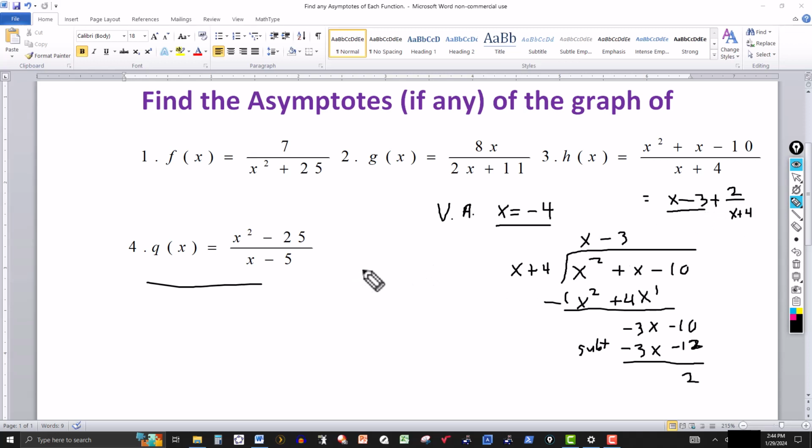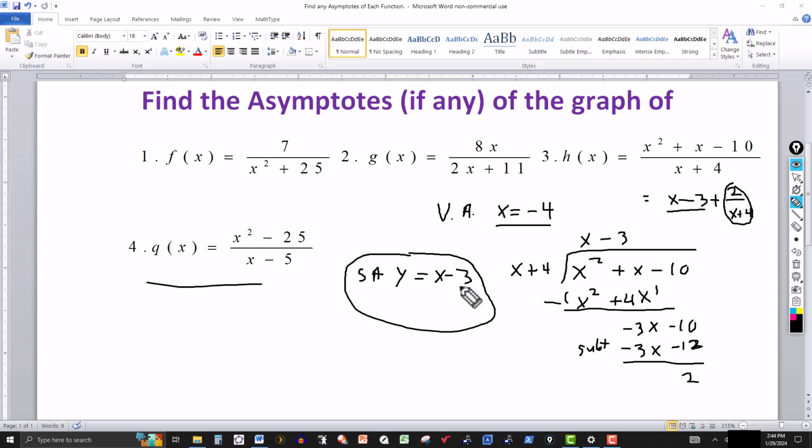So the oblique or slanted asymptote would be y equal to x minus 3; you simply disregard this part, which goes to 0. So this one has a vertical asymptote at x equal to negative 4 and a slant asymptote at y equal to x minus 3.